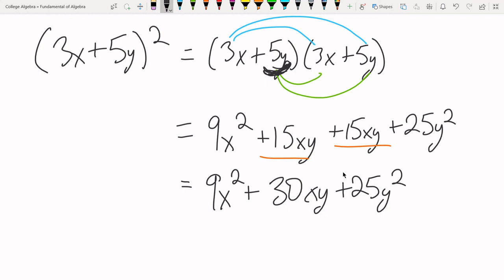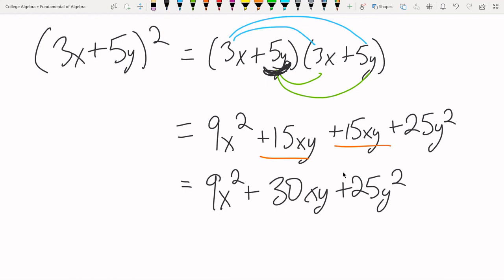Now I wrote it in this way because the x is the highest power. That's the highest power first of the x's, and x is before y in the alphabet. When you have mixed variables like this, there really isn't a standard form of writing it. We typically try to write it, though, in alphabetical order, going from highest power to lowest power.